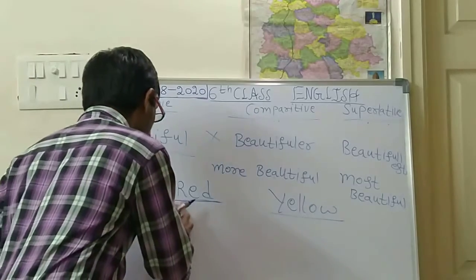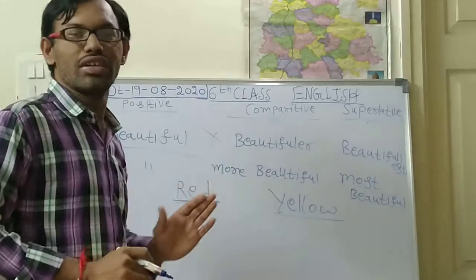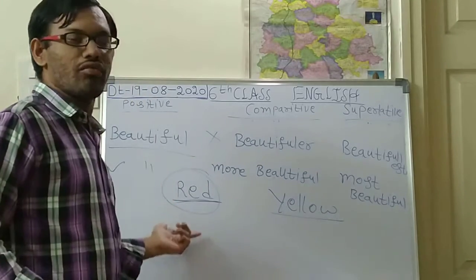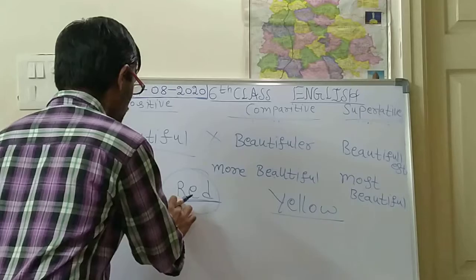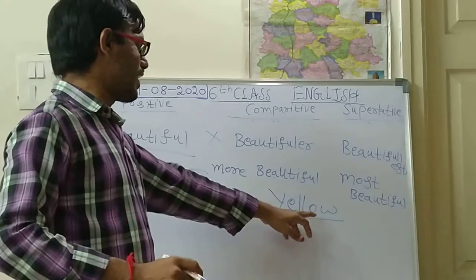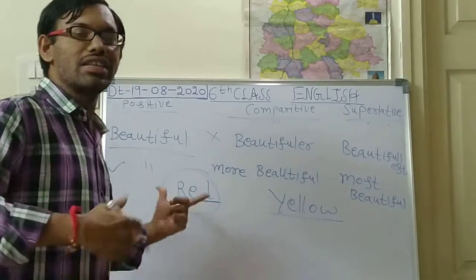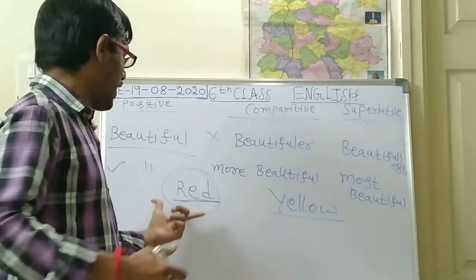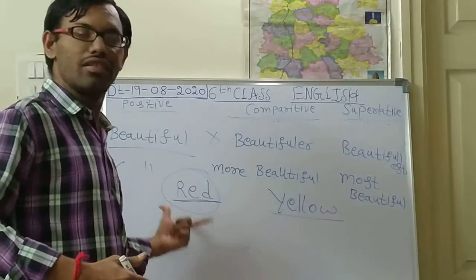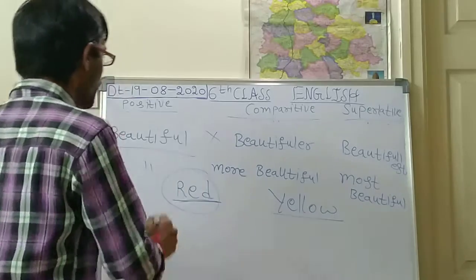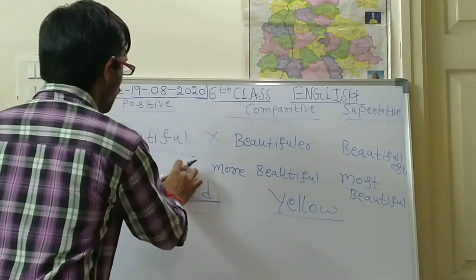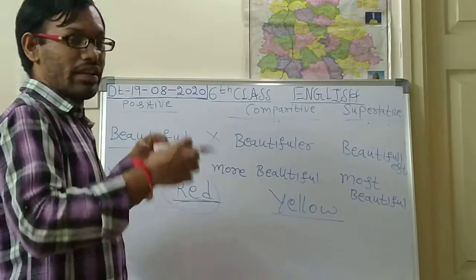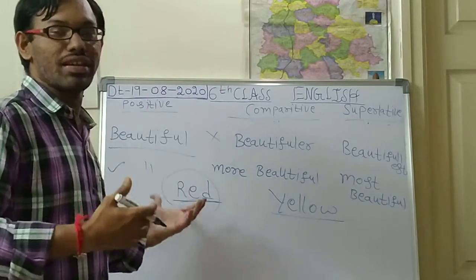So which color shirt will you select? You will select red, and you will say red is very nice compared to yellow. I want to take the red. Suppose red is shining and glowing.